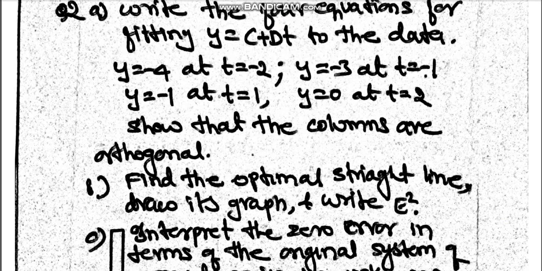So here is one more. We are finding the least squares line, the graphical line method. Whenever I have y equal to C plus D t, that is, C usually being 1 plus D t, it is nothing but y equals mx plus c.